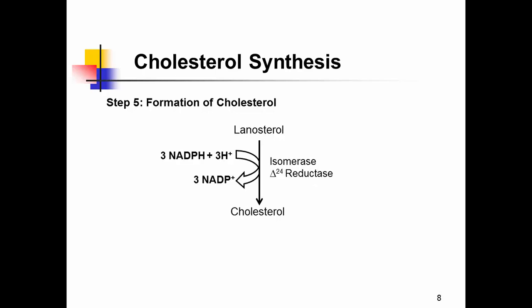All right, so the last step is the formation of cholesterol from lanosterol, and isomerase and delta 24 reductase are involved in this reaction, right? And 3 NADPH are needed for this process.